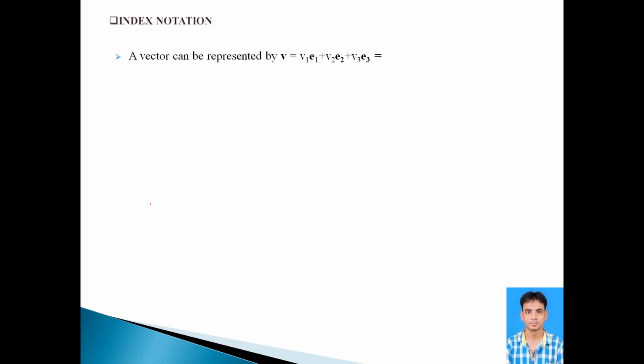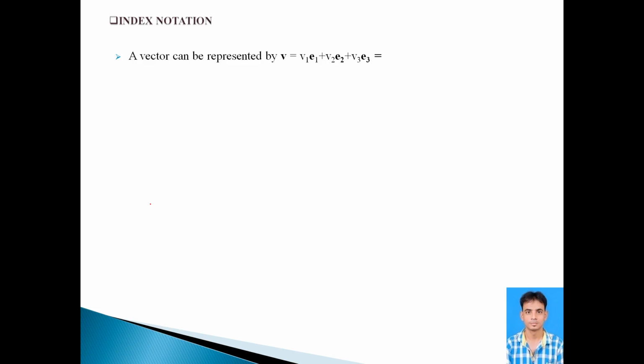A vector can be represented by a small letter v in bold: v1 e1 plus v2 e2 plus v3 e3, where e1, e2 and e3 are the basis vectors. For the three-dimensional case, instead of x y z I am basically using e1, e2 and e3.